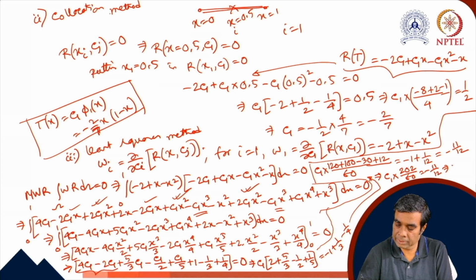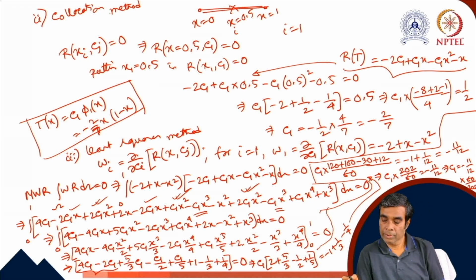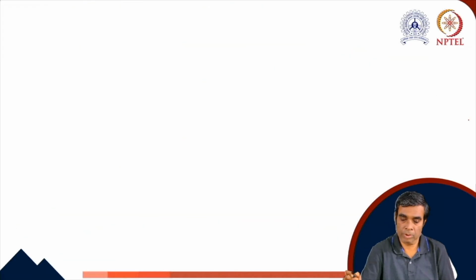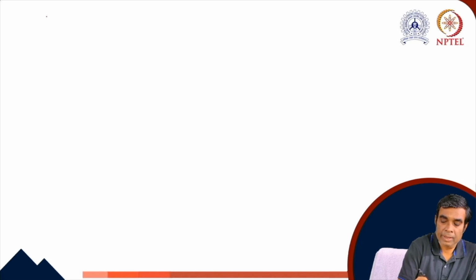This gives us C1 equals to minus 11/12 into 60/202. So, what I understand, this gives us C1 equals to minus 55/202.